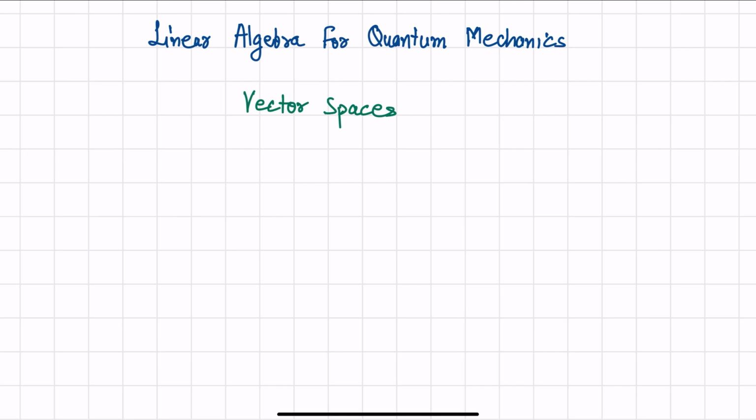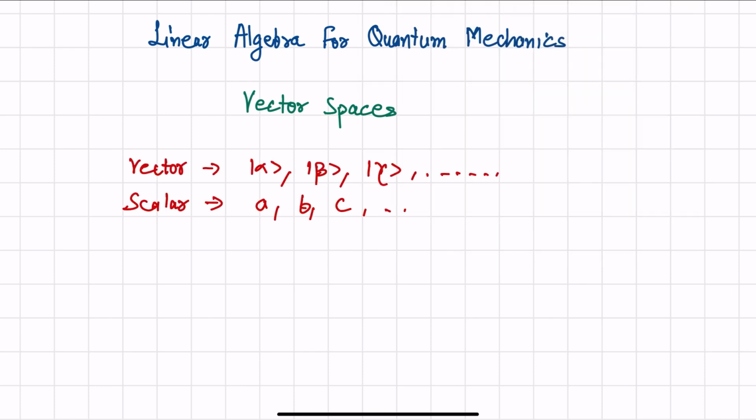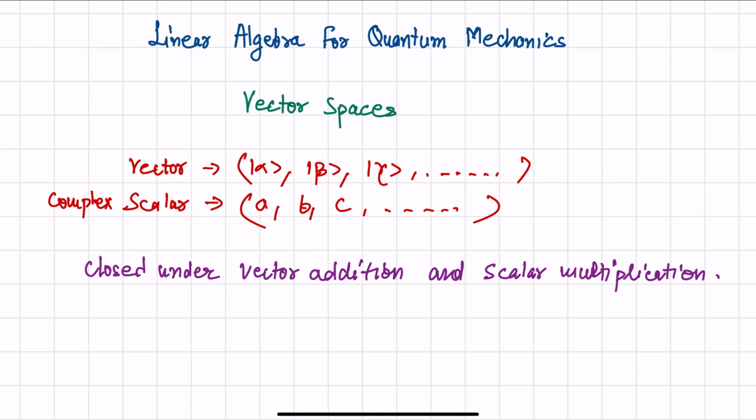So let's see what these vector spaces are. In vector spaces you have vectors. For example, you have a set of vectors and a set of scalars. These need to be closed under two operations, vector addition and scalar multiplication. When I say closed, it means that the operations we define on these vectors, vector addition and scalar multiplication, are well defined.